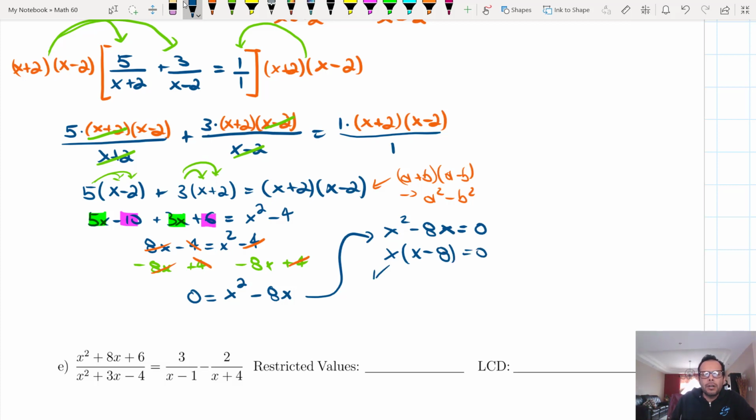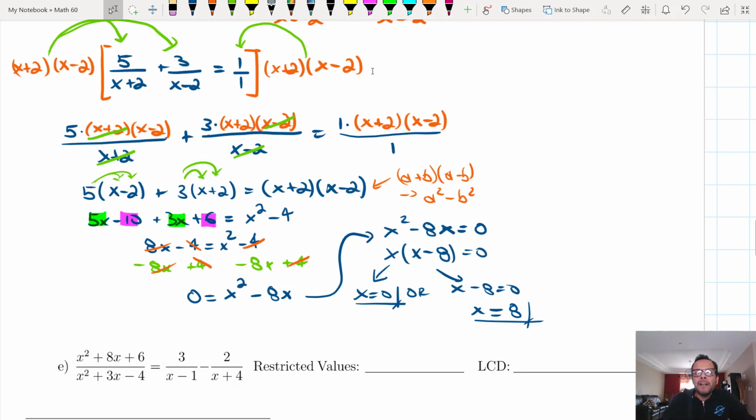Using the zero product property, this tells us x equals 0 or x minus 8 equals 0, which is x equals 8. So here we have two solutions, x equals 0 and x equals 8.